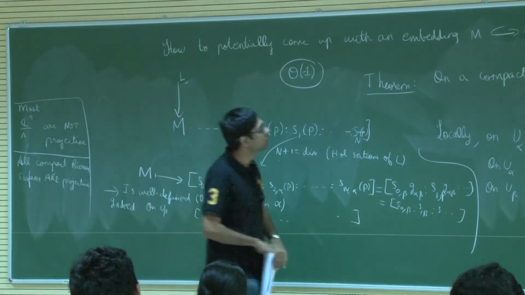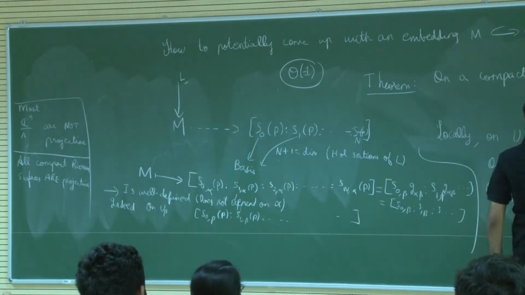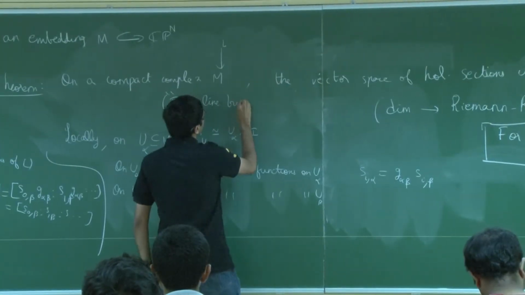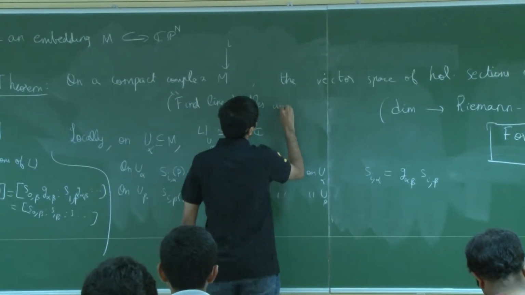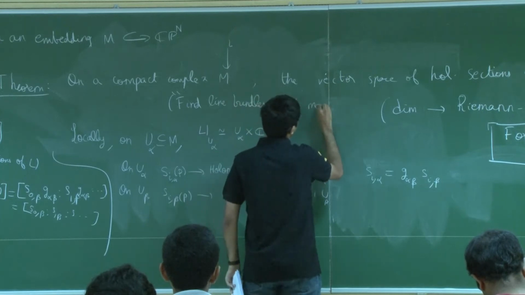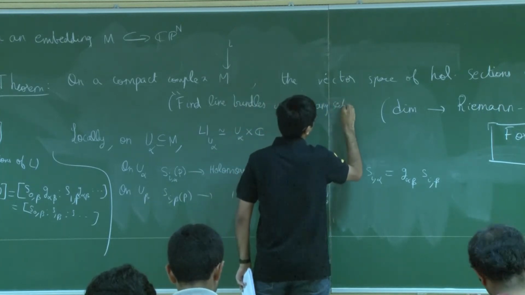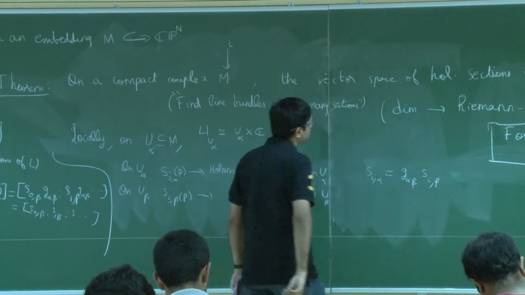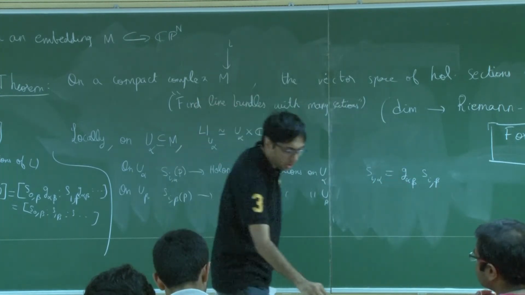So the obstruction is to find line bundles with many sections. This is the slogan. As I keep repeating, this is the main obstruction. How many sections? So that all of these are satisfied, right?